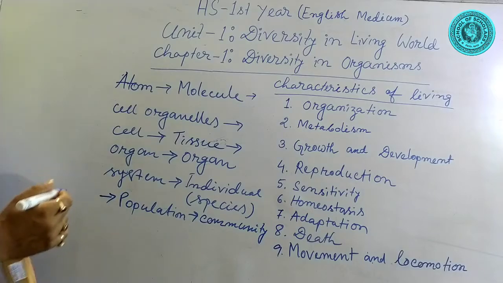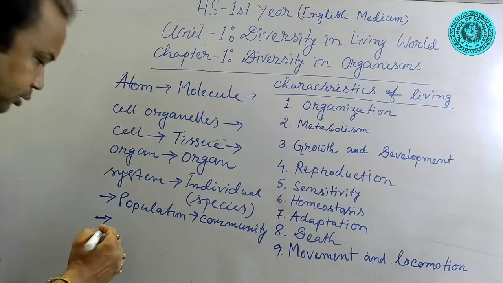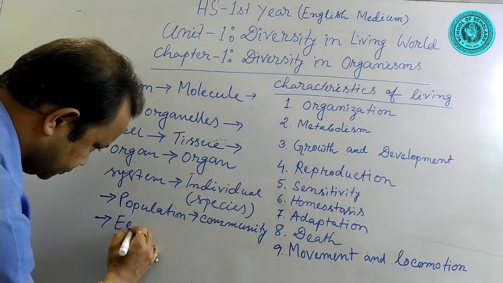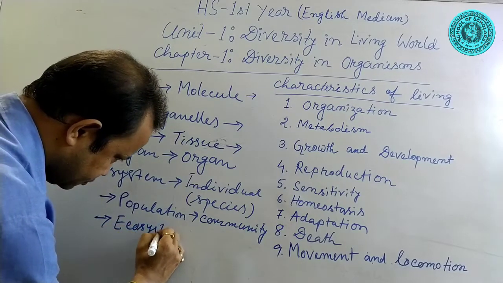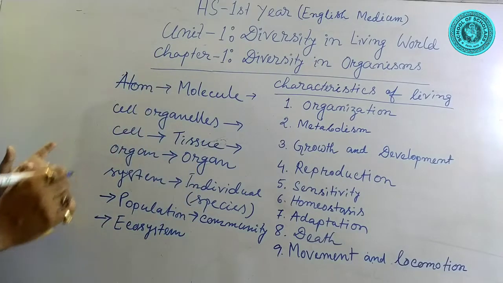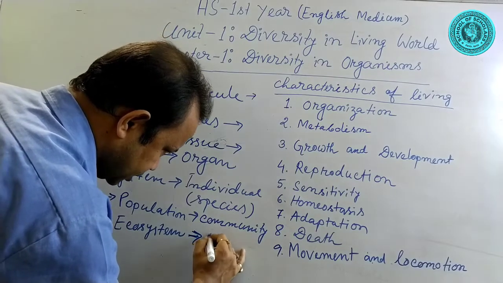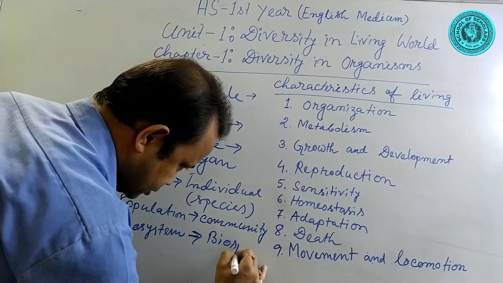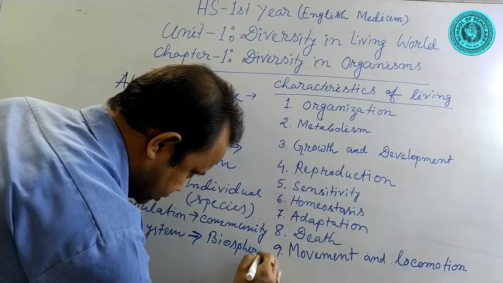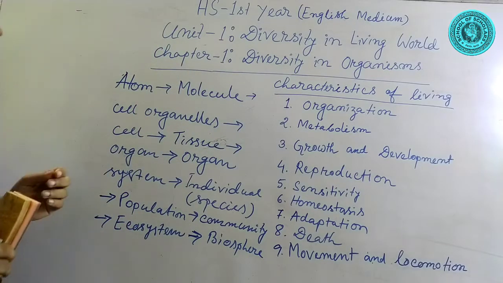That means a biological community. All different kinds of communities again aggregate to form an ecosystem, and various kinds of ecosystems aggregate to finally form the biosphere. In this process you see it is a kind of hierarchical process.